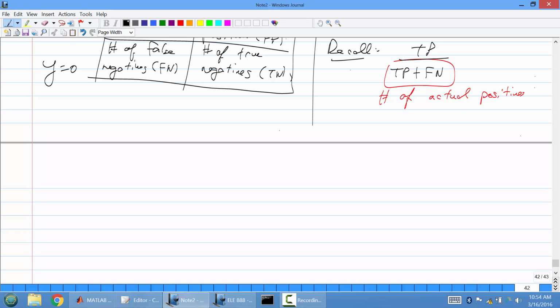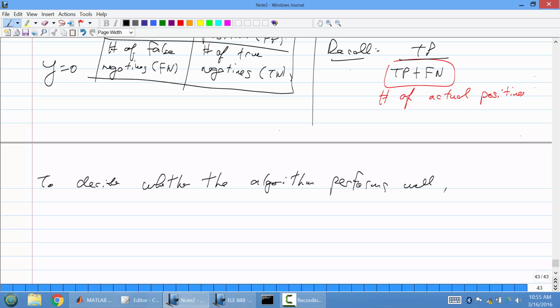Okay? So to decide whether the algorithm performs well, this is my last slide here, we combine both to produce the F1 score.